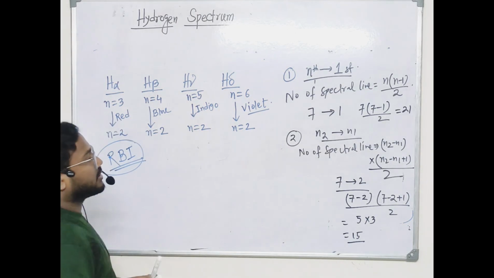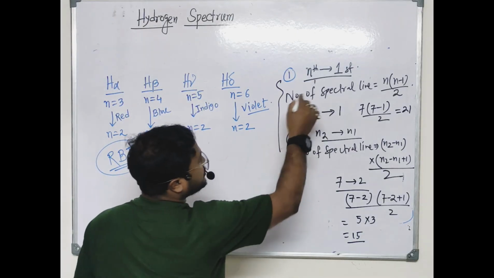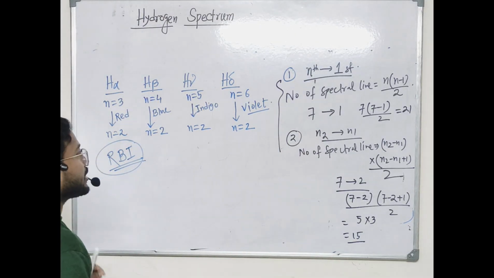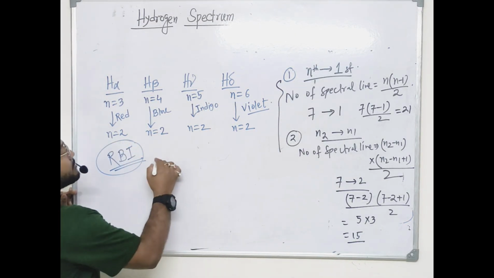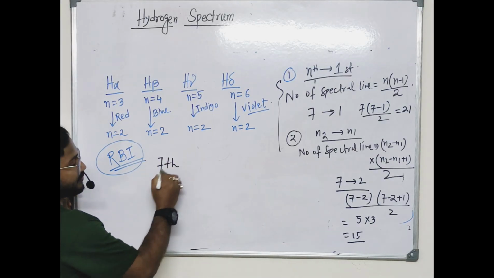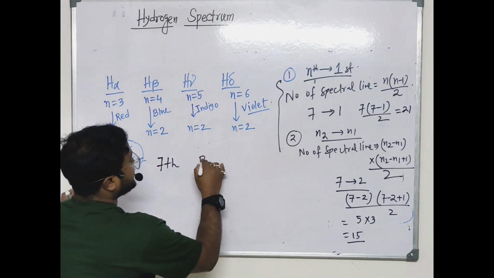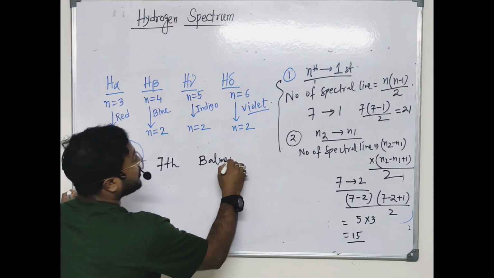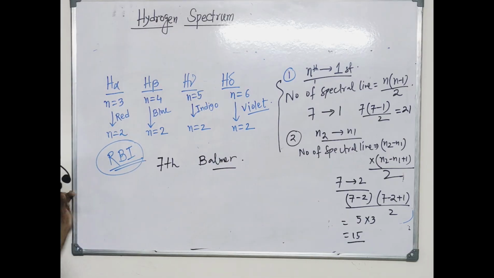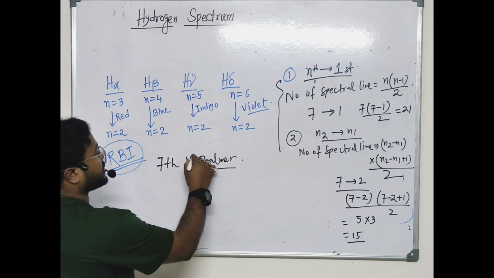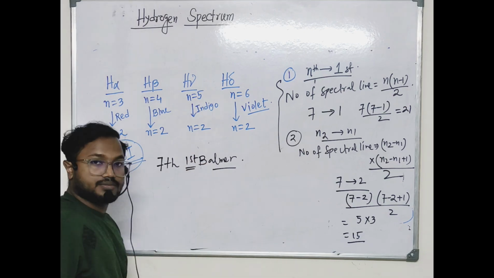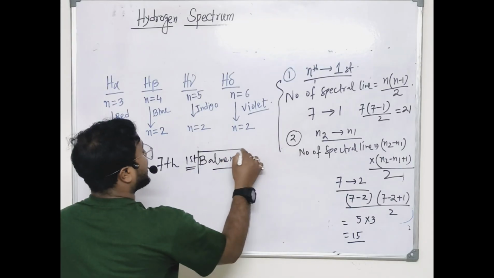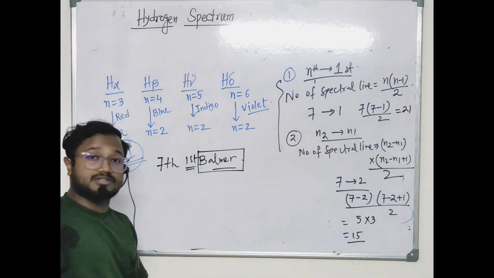Now let us consider if we take some extension of this concept. They are telling that the electron jumps from 7th to 1st, let us consider. How many spectral lines can be observed only in Balmer series?